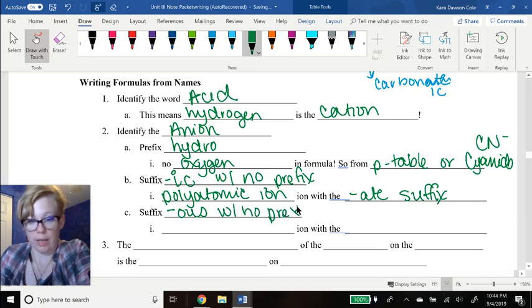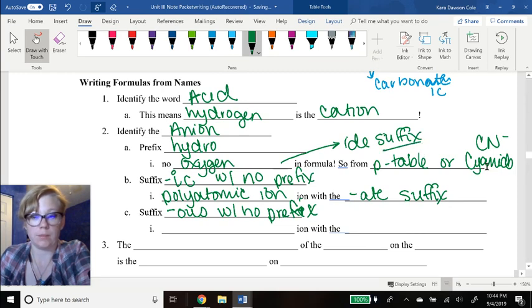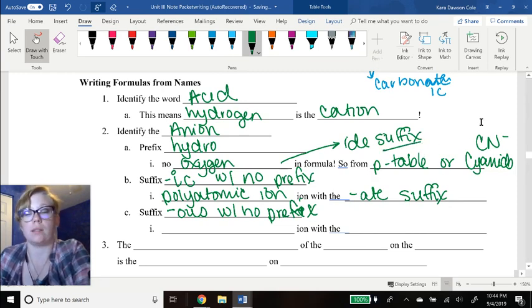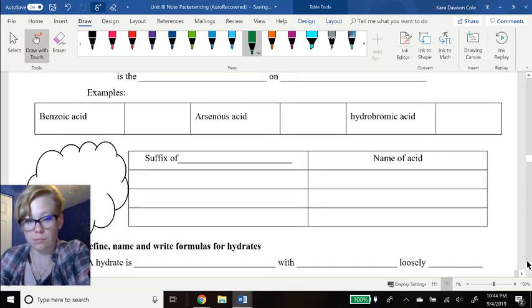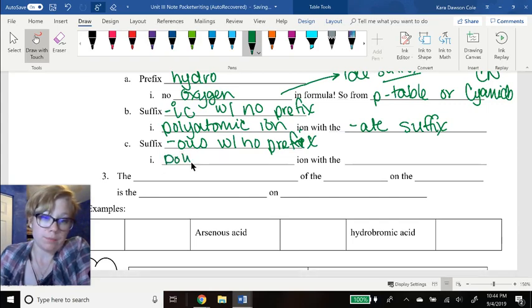The only one that has a prefix is the one that doesn't have any oxygen, which has the ide suffix, like cyanide, oxide, nitride, phosphide, and so forth.